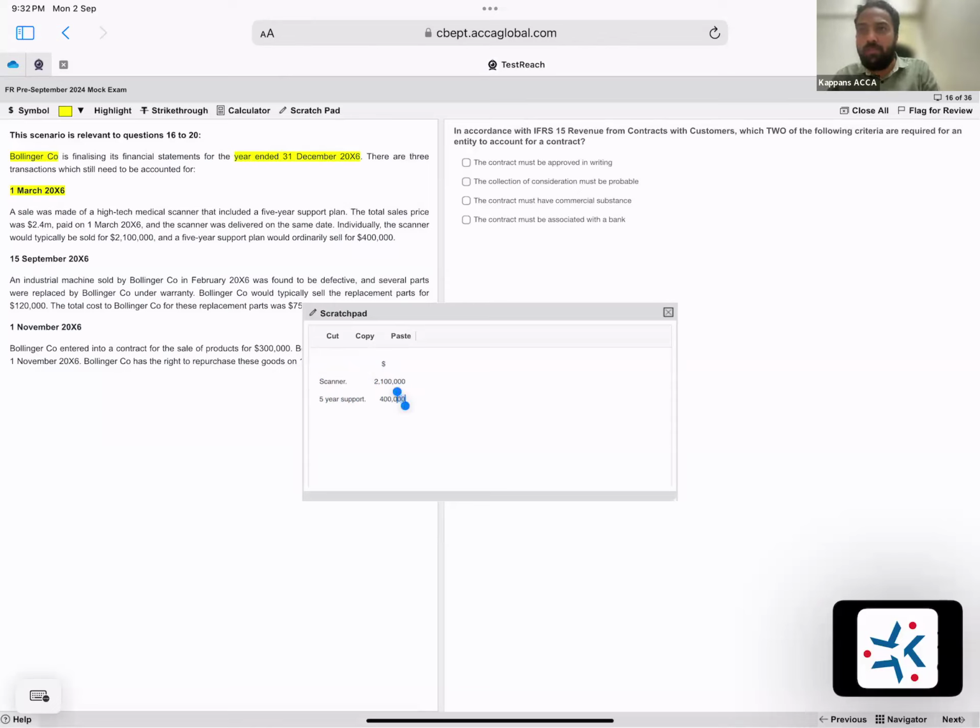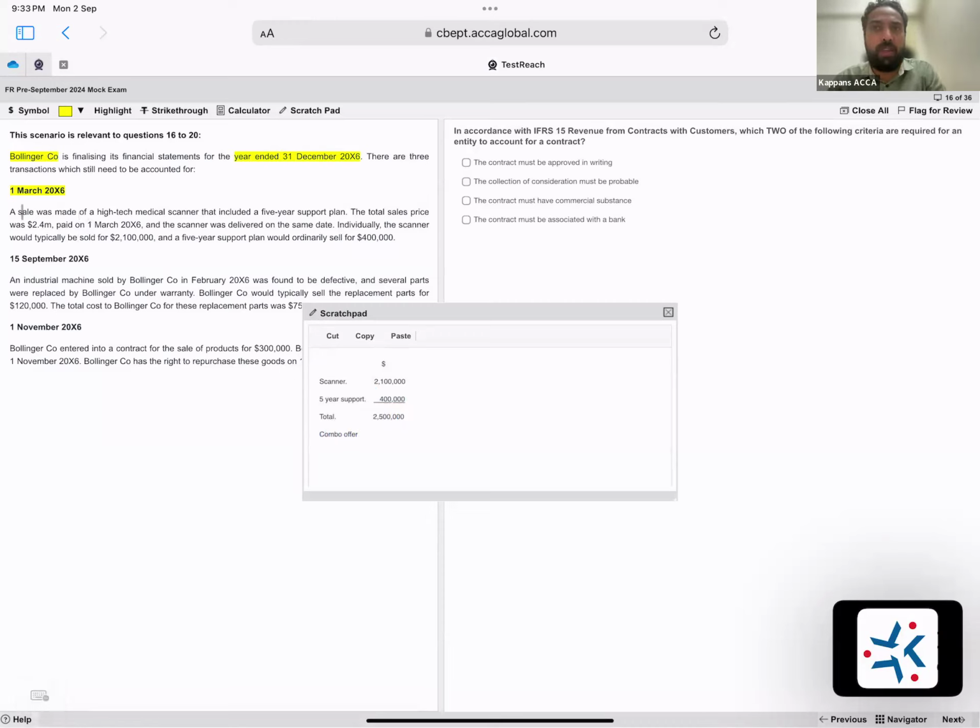So the total price or transaction cost of this separately, if sold, is 2.5 million. Now that is being offered at a combo offer of 2.4 million. So it is offered at a discounted price or a combo offer.